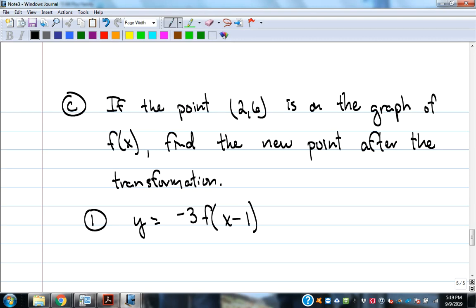What does subtracting 1 on the inside do? Moves it to the right 1, right? What does the minus or the -3 that's on the outside right there, what's it doing? Reflect across the x-axis.